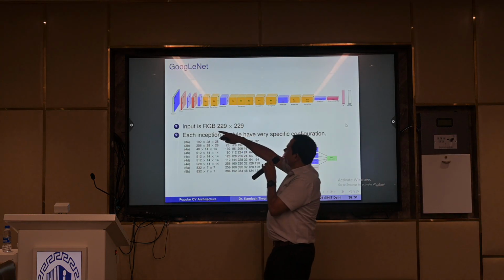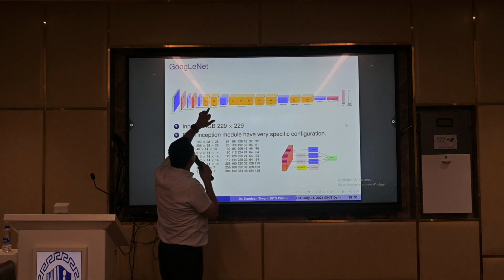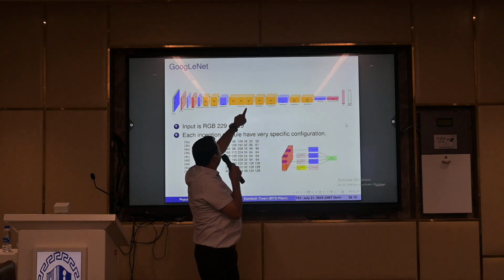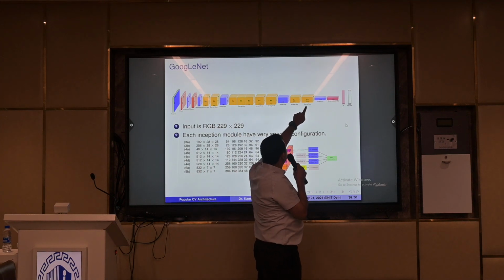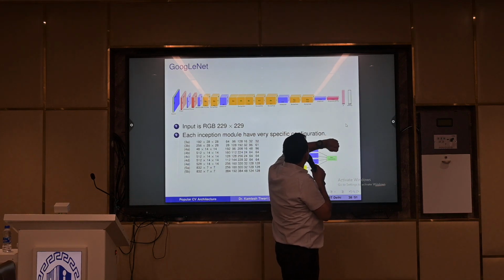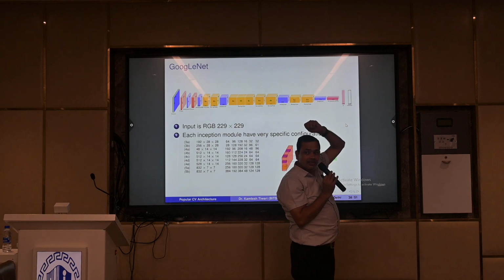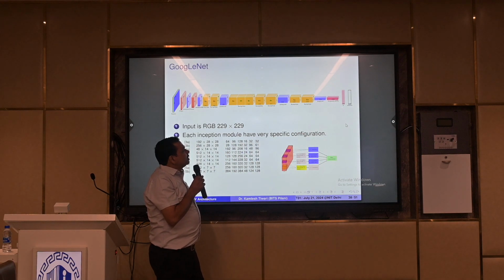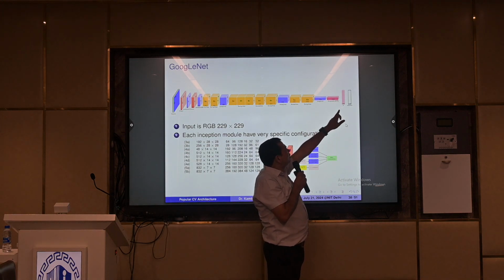You can see that 64, then 192, then 256, then 480, then inception blocks 512, 528, 832, 1024, and then average pooling, then dropout. Again, he is introducing something more important, that is dropout also. 40% of the values he has dropped out, and then used 1000.